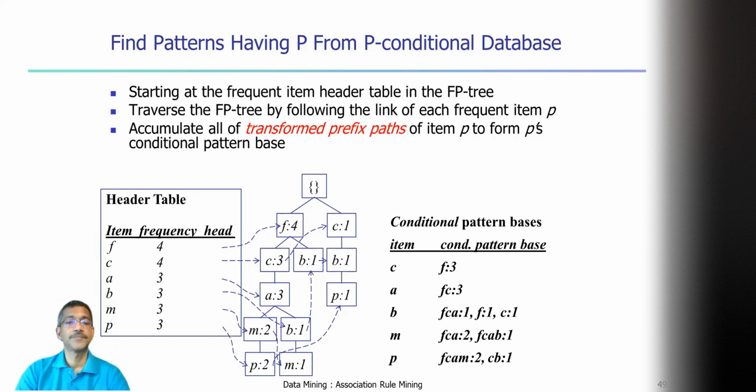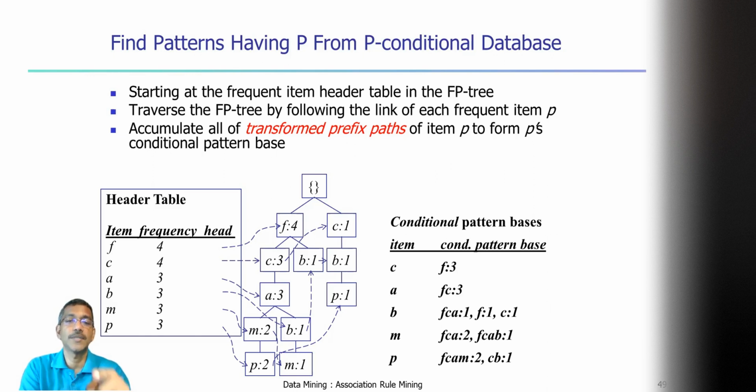Then we take B, starting from the header, with a frequency of 3, and then we follow the links from the header. For B, we find one pattern, FCAB with frequency 1, because the frequency will always be the number that you have in that node at the bottom.